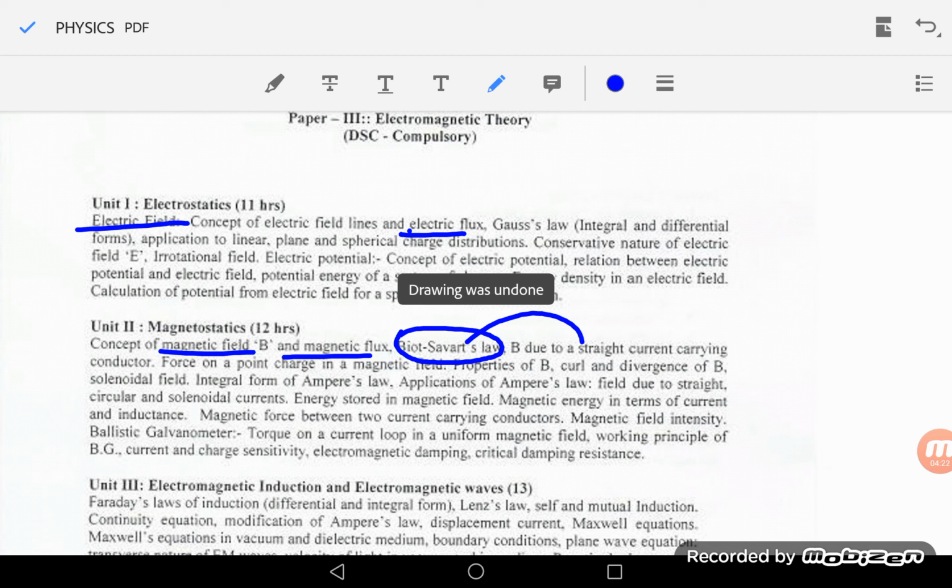Then the force, the curl and divergence of the magnetic field, the magnetic properties, and the solenoidal field, everything we are going to study in magnetostatics.